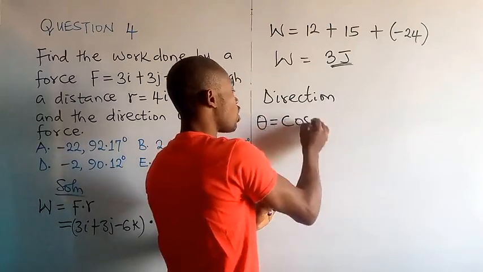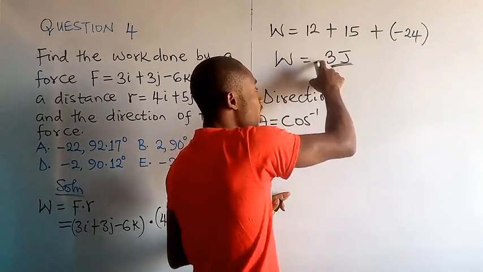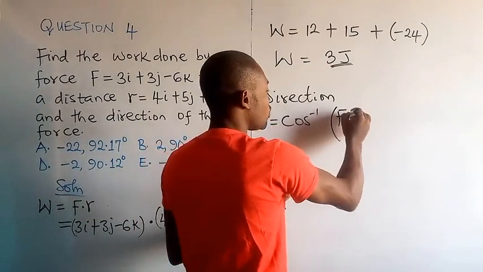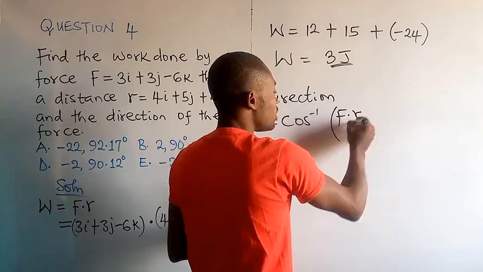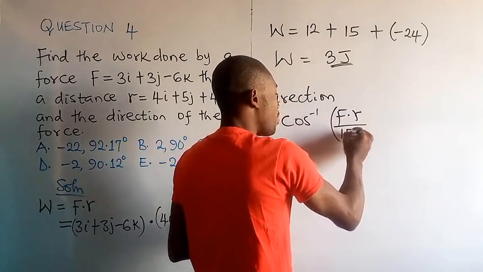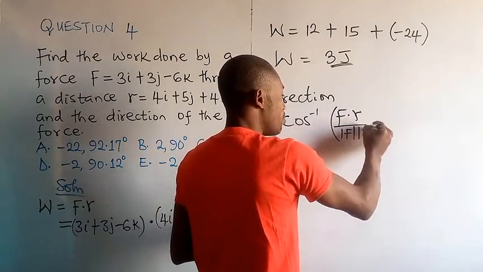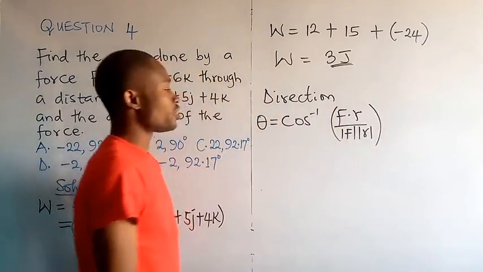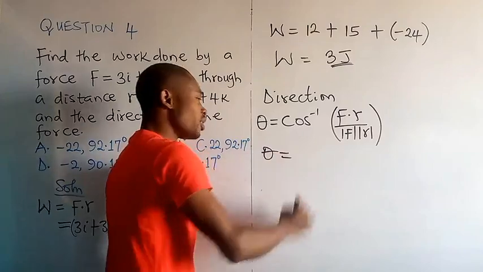Theta equal to cos inverse of this scalar product, that is F dot R divided by magnitude of F times magnitude of R. This is the formula we use in obtaining the angle. That angle gives us the direction.